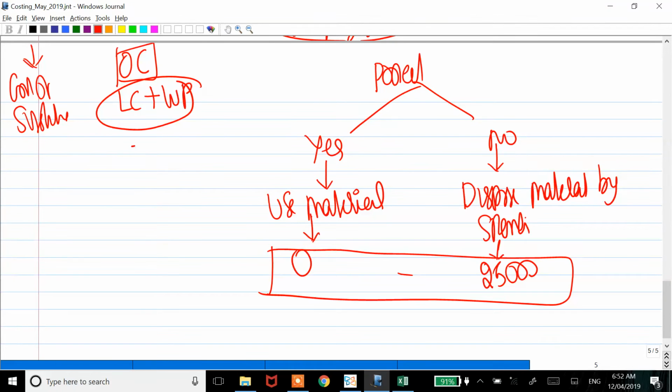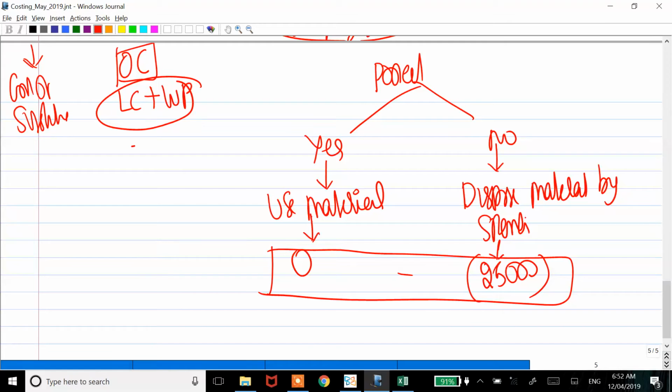If you could sell it for 25,000, that would be an inflow, and 0 minus of minus 25 would become plus 25. In that case, 25,000 would be the relevant cost. Here, negative 25,000 is the relevant cost.